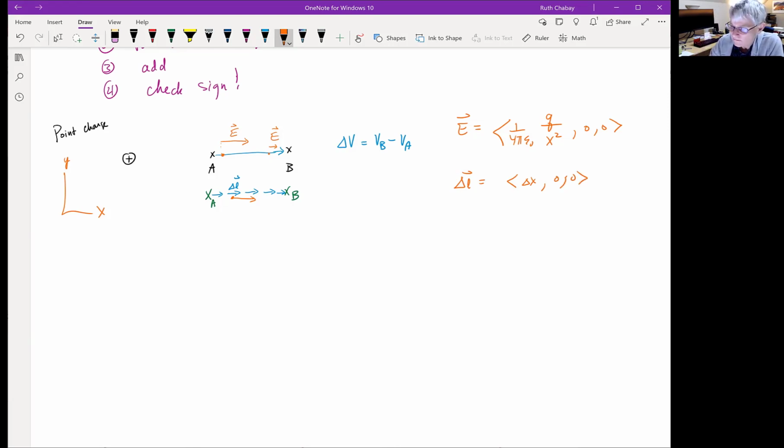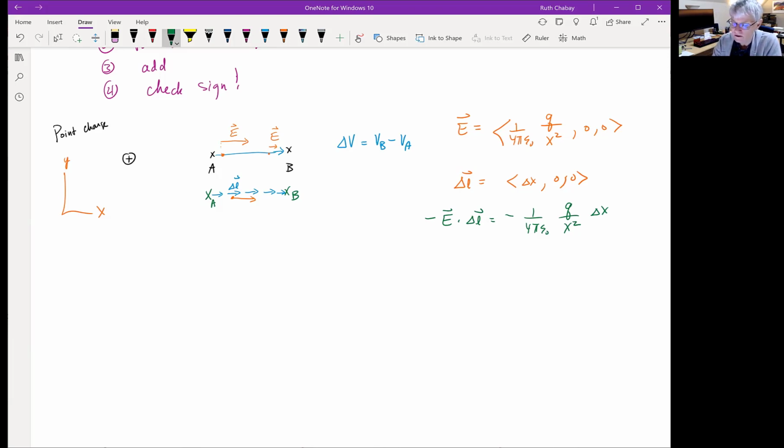So E dot delta L in this case, with the minus, is going to be minus 1 over 4 pi epsilon 0 Q over X squared delta X.